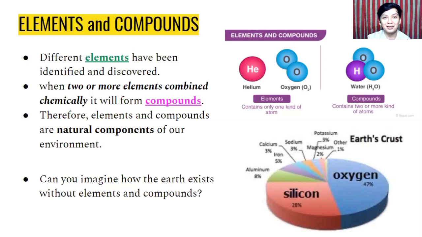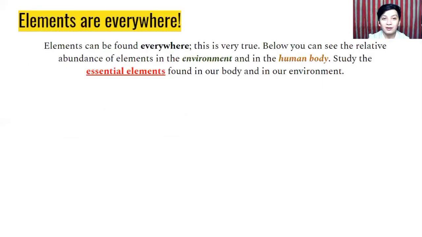As we all know, class, elements are everywhere. They can be found everywhere and anywhere, like what I said a while ago. Below, you will see the relative abundance of elements in the environment and in the human body. And we will study the essential elements found in our body and in our environment.